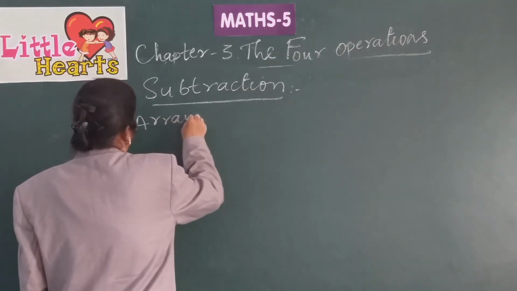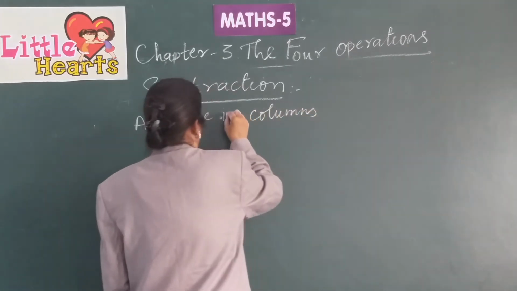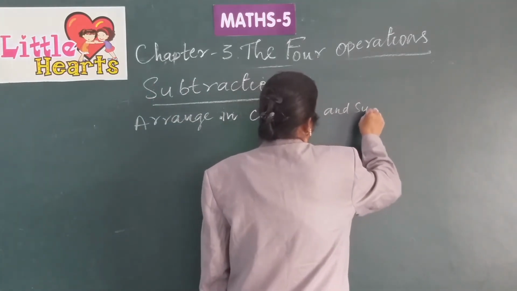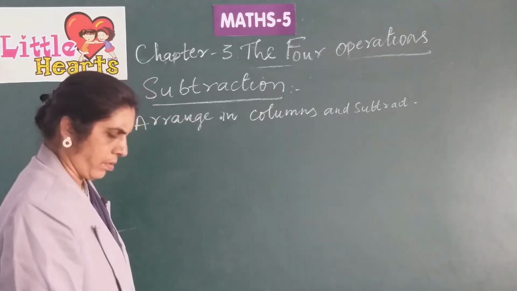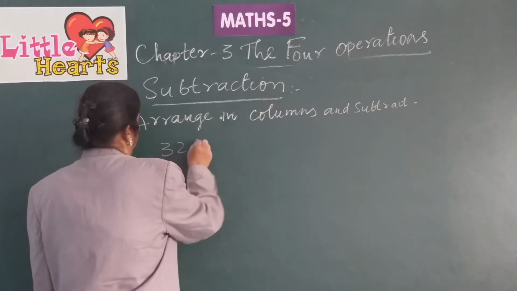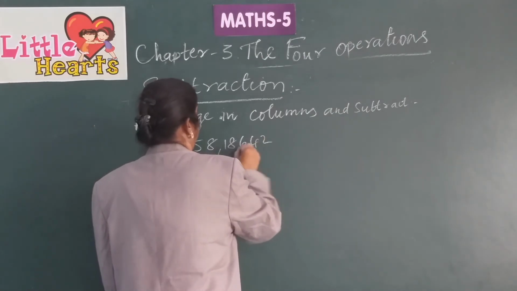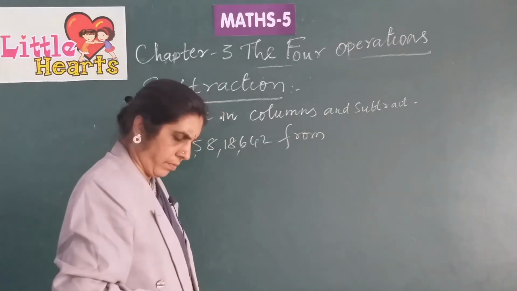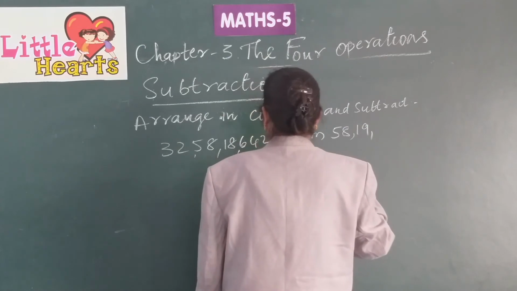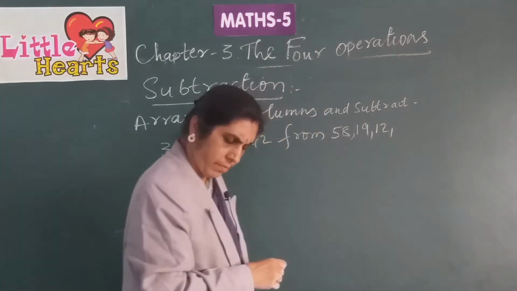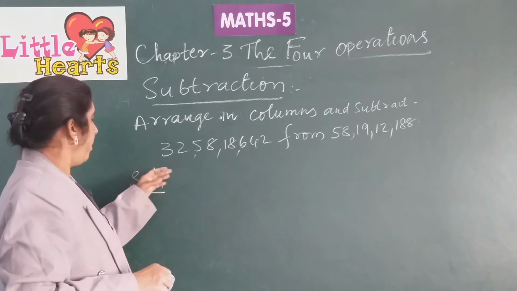Arrange in columns and subtract. Two numbers are given and you have to arrange in columns.